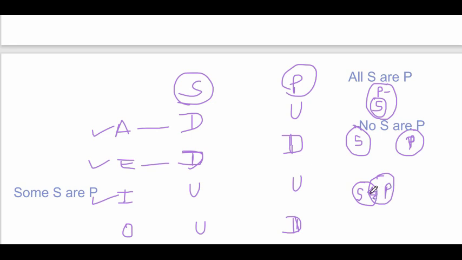That is, some members of the P or some instances of the P or some part of the P is in S. Similarly, some members of S or some part of the S is in P. So both are undistributed.